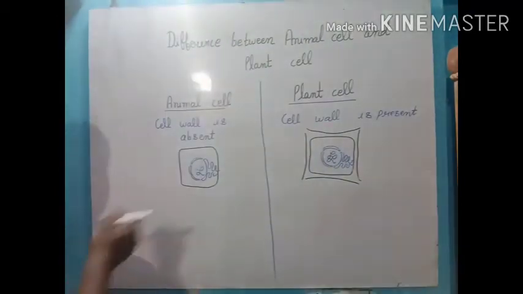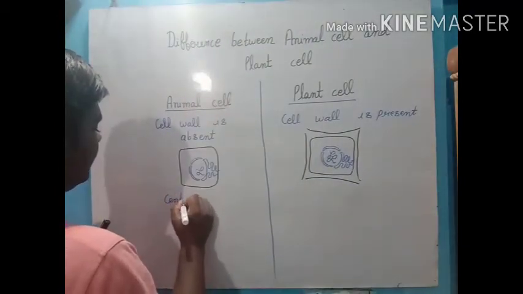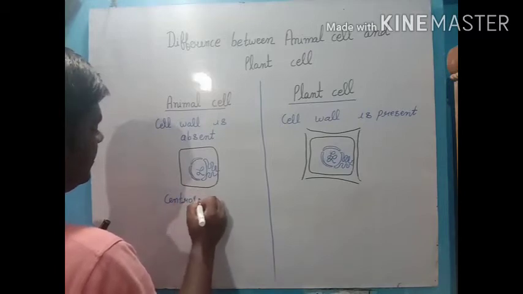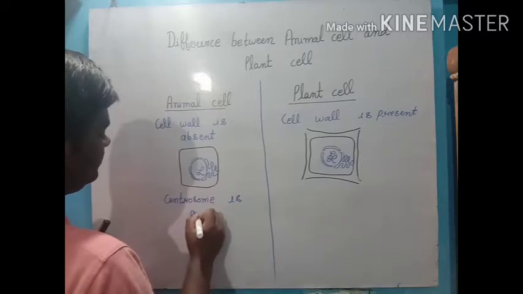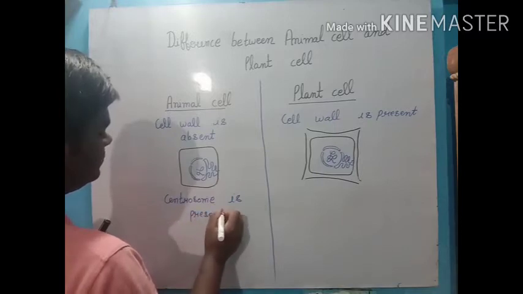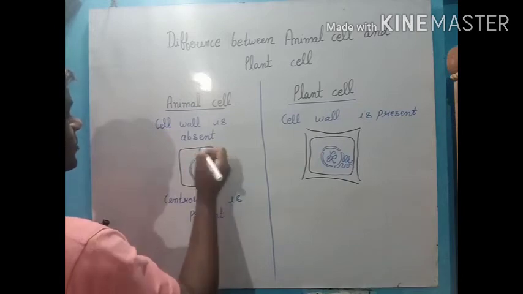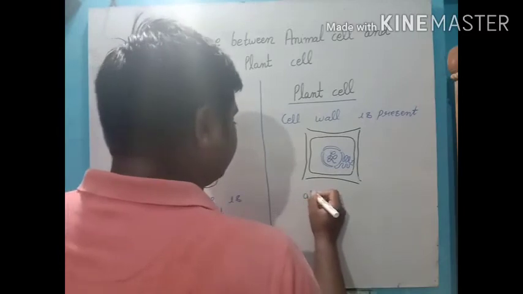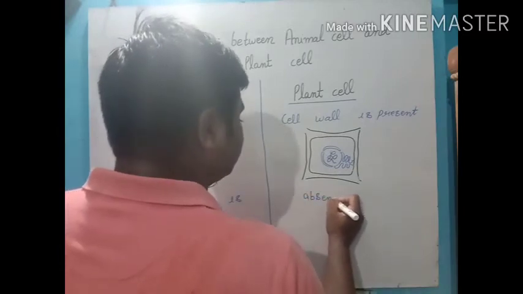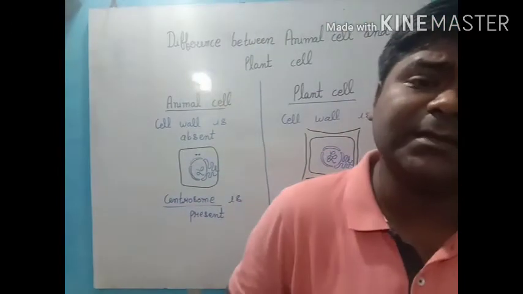What we have here, we have centrosome. Centrosome is present. So here we are showing that centrosome is there, and here is absent. What is absent? Centrosome.